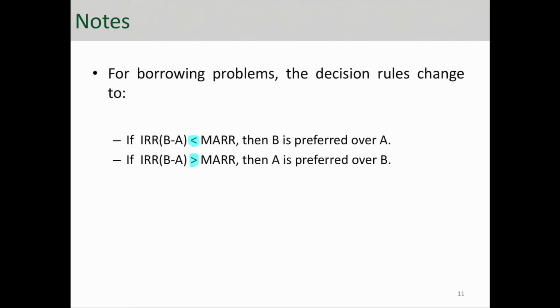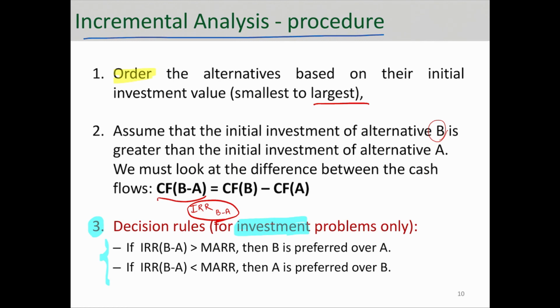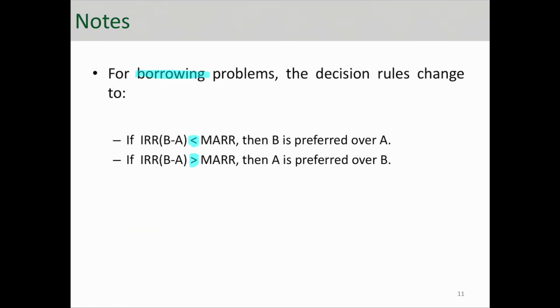These 2 signs are flipped. If IRR of B minus A is less than MARR, then you choose B. If IRR of B minus A is greater than MARR, then you choose A. So it just depends on whether you're looking at a borrowing problem versus an investment problem. So keep that in mind.